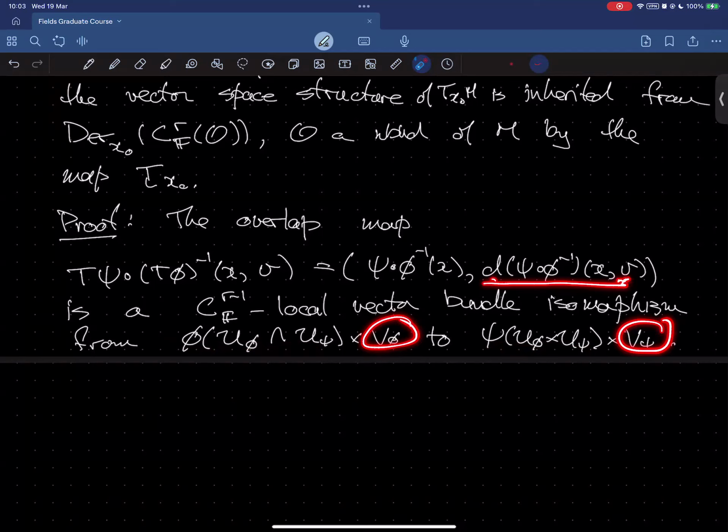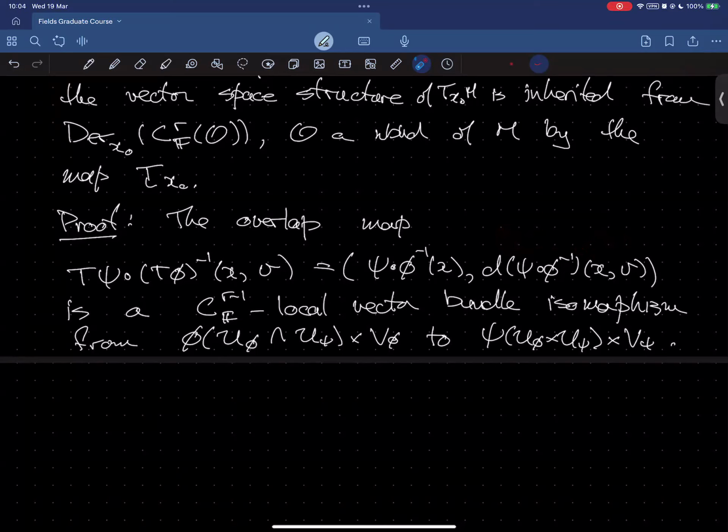All right, because this mapping d(psi composed with phi inverse) is certainly linear, and it has an inverse, which is namely d(phi composed with psi inverse). So it's linear and it's invertible with a continuous inverse.